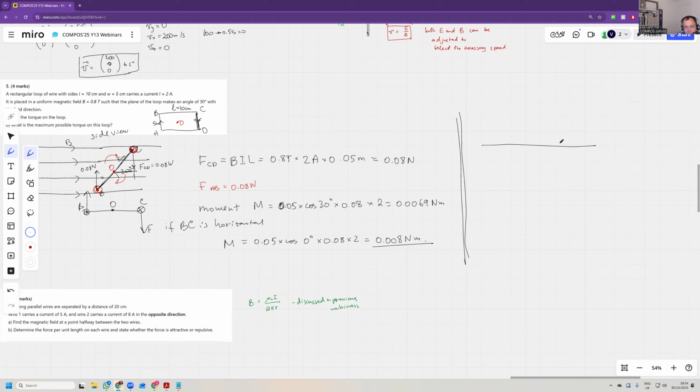Now, I haven't done the calculation, but I believe if we change the orientation of the coil, the answer would not change. Let me check.